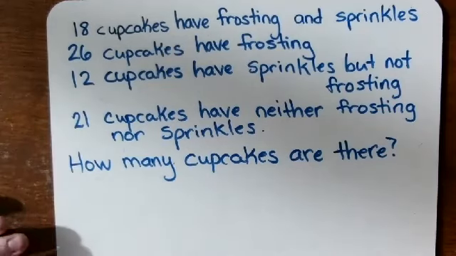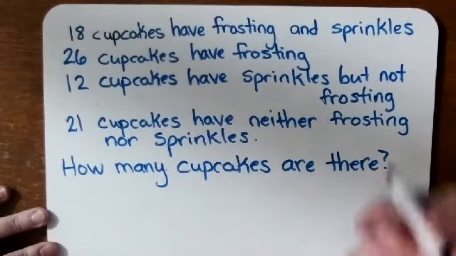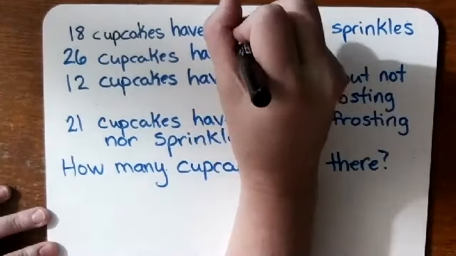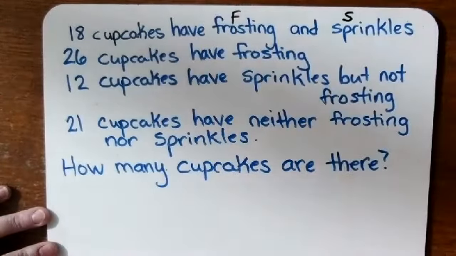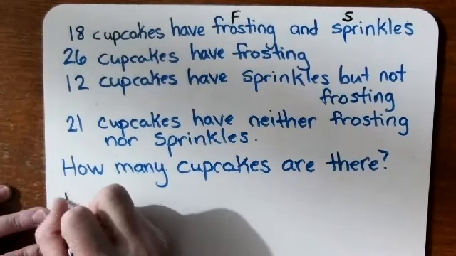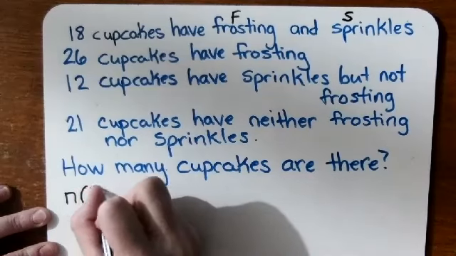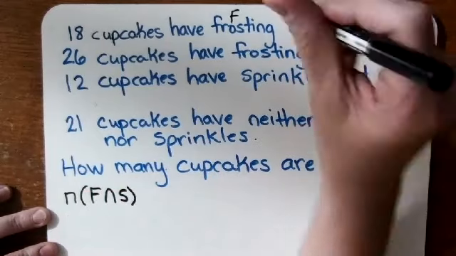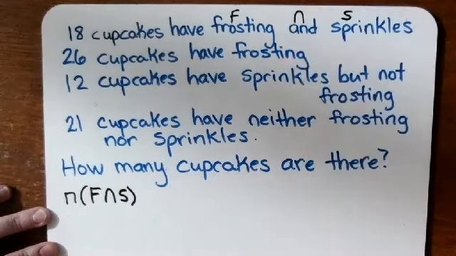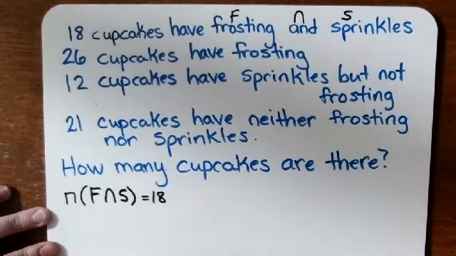If we call cupcakes with frosting F, and we call cupcakes with sprinkles S, then we can use set theory to solve this problem, where we're told that the number of elements in F and S, so remember the and is an intersection, we're told there's 18 cupcakes in this region.